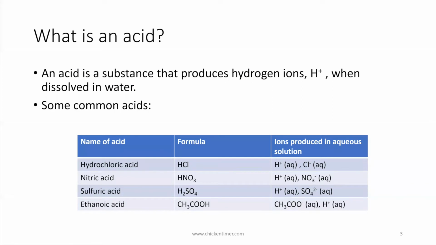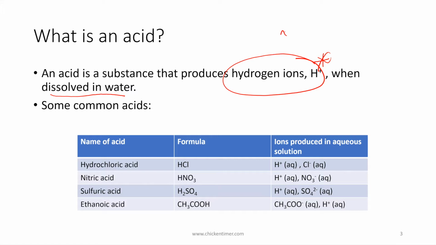The focus of acids is that you must know it is a substance that produces hydrogen ions when dissolved in water. This is key. If this is not mentioned, you probably get nothing if they ask for a definition. When dissolved in water, that's another thing.